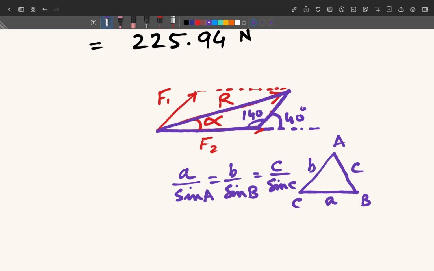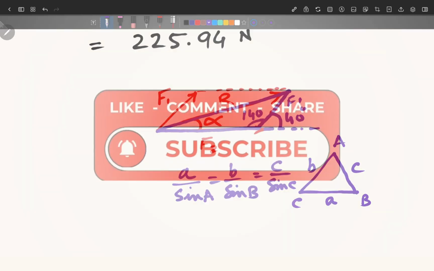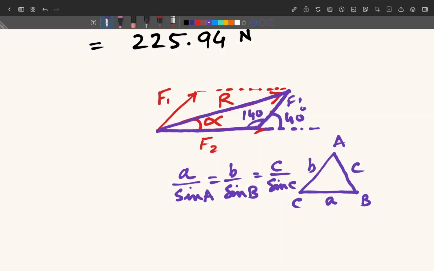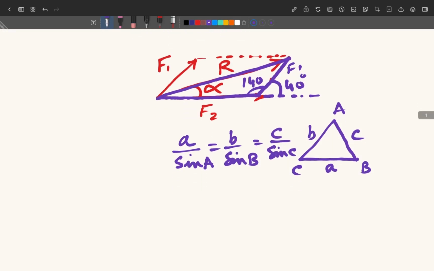Now we have all three sides of this triangle, because F2 is known, R we have already calculated, and F1 is also known. So we can quickly find the value of alpha by applying the sine rule in this triangle.